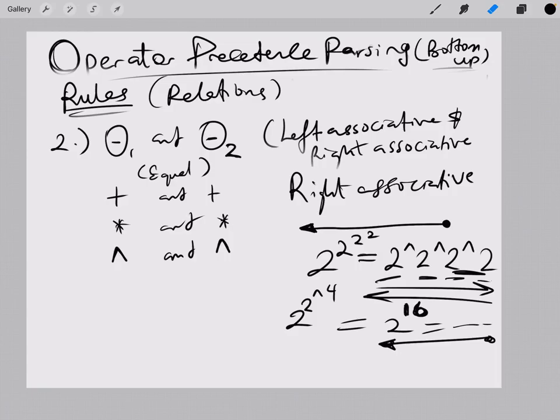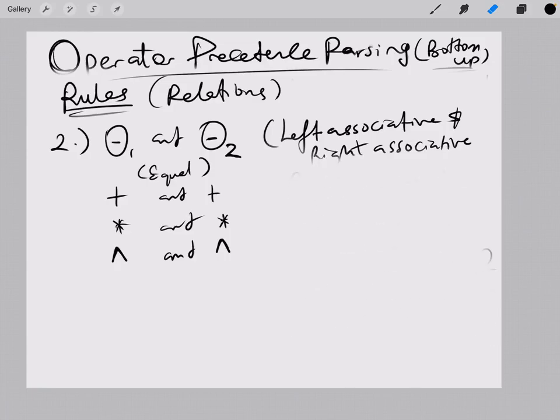I'm going through all of this because the left and the right associative relationships are very weird, even though they are the same symbol. So for operators with equal precedence, plus and plus is left associative. Star and star is left associative also. But exponential is right associative.